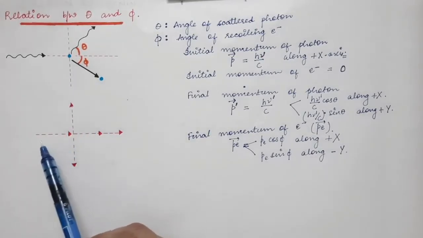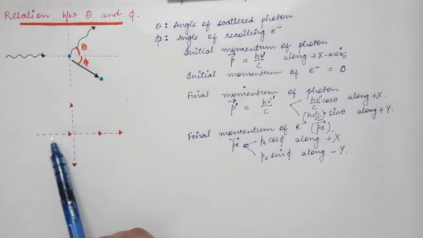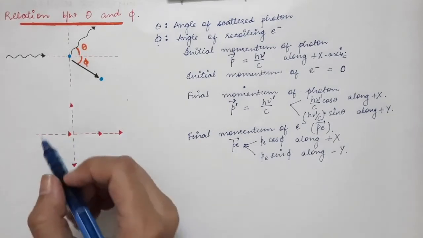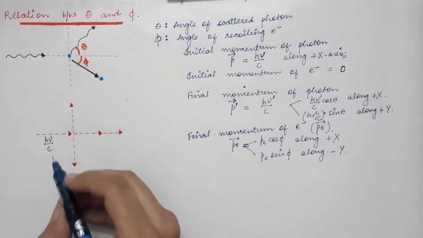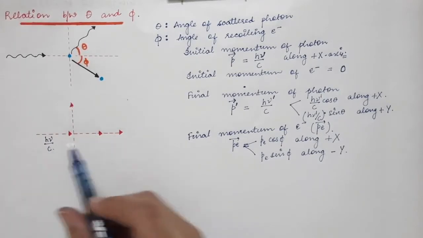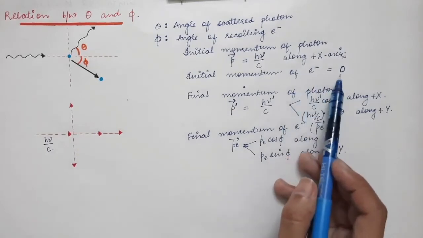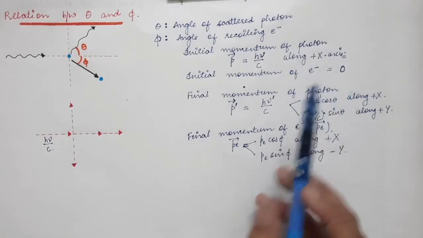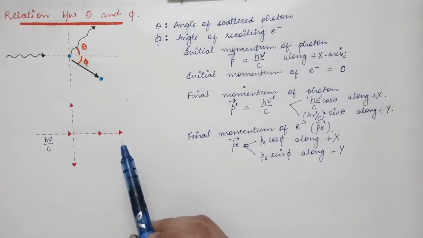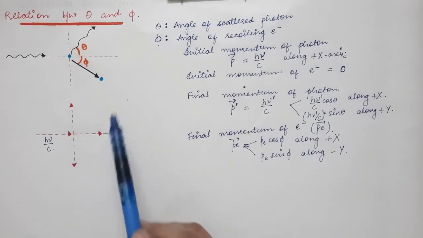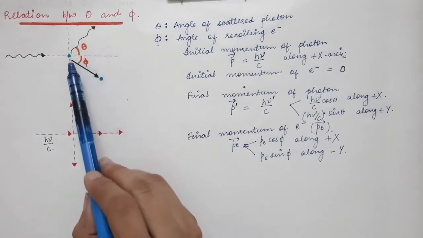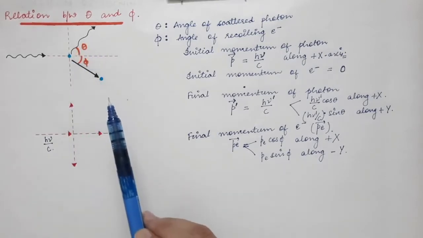So here the initial momentum of the photon is h nu by c. This is the initial momentum before the interaction, as the momentum of the electron is 0 before the interaction. After the interaction we have 4 components: 2 for the scattered photon and 2 for the recoiling electron.